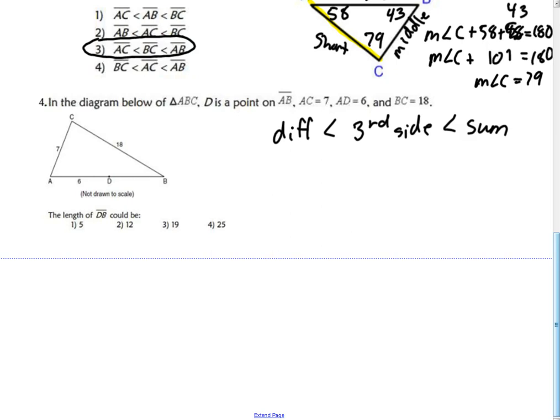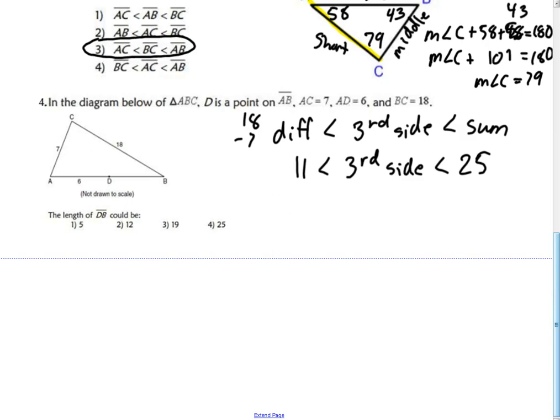What are our other two sides? 18 and 7. The difference, 18 minus 7, is 11. And the sum, 18 plus 7, is 25. So our third side needs to be between those two lengths.